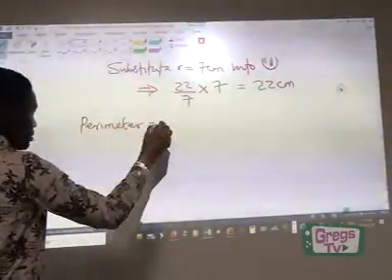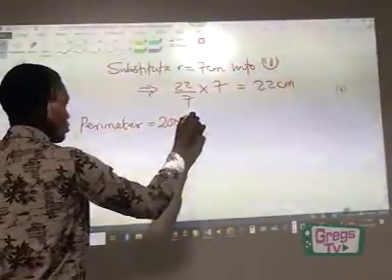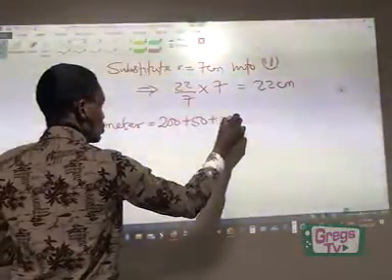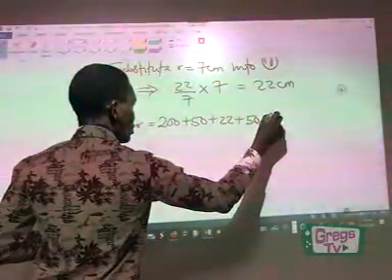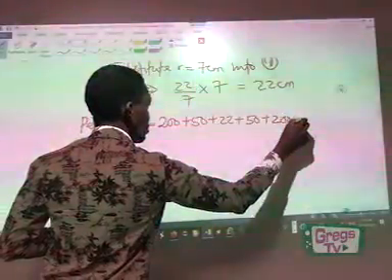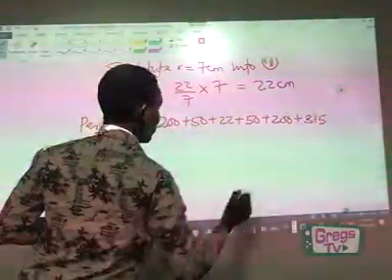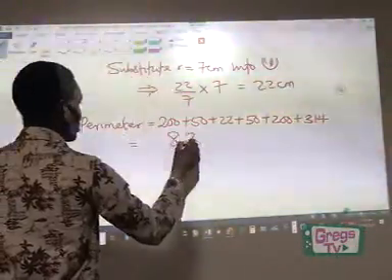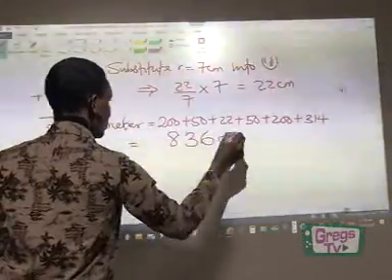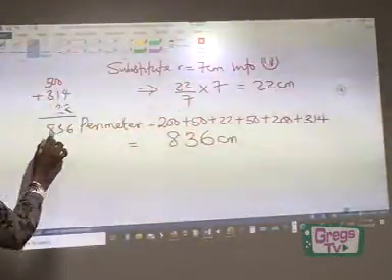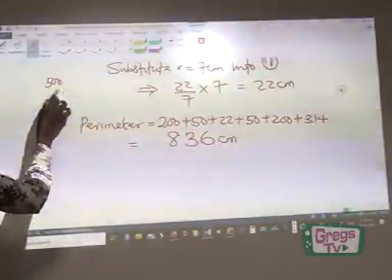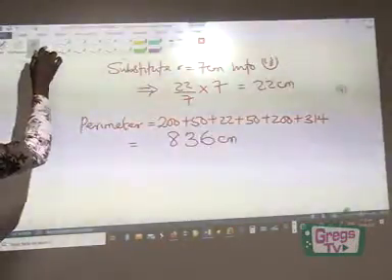Perimeter will automatically be equal to 200 plus 50 plus 22 plus 50 plus 200 plus 314. Yes, 836 centimeters being the perimeter of that shape.